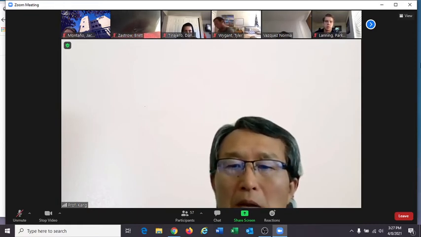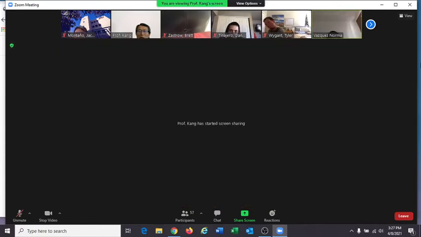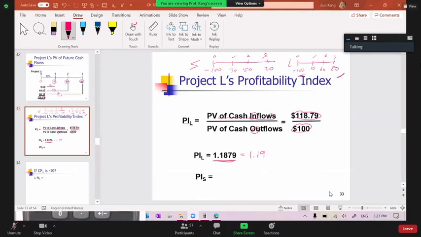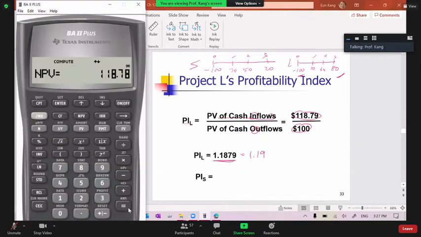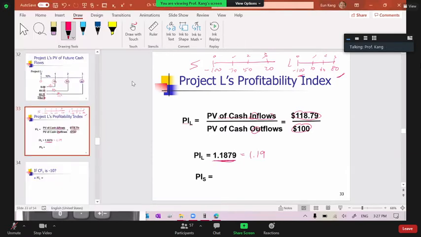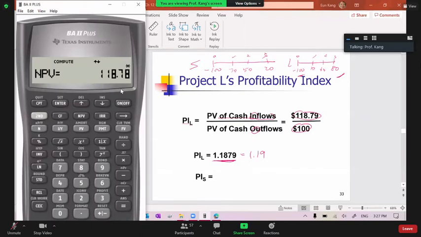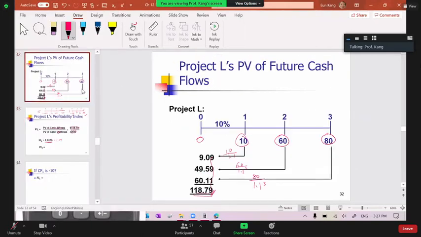But on your answer, you got 118.79 for your cash flows. Look at this. Let's check. Yeah, 118.78. This one, I told you this is correct, but 79 is because of carrying dollars and cents, right? So they are rounding up. Okay. Thank you for asking. That's clarification.